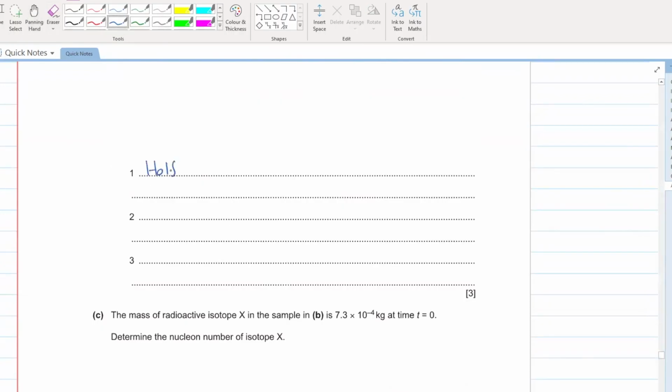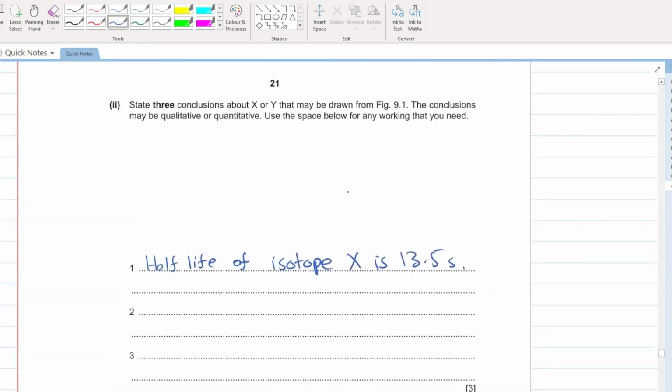Half-life of isotope X is 13.5 seconds. Now, we also know that the decay constant is equal to ln2 over half-life.